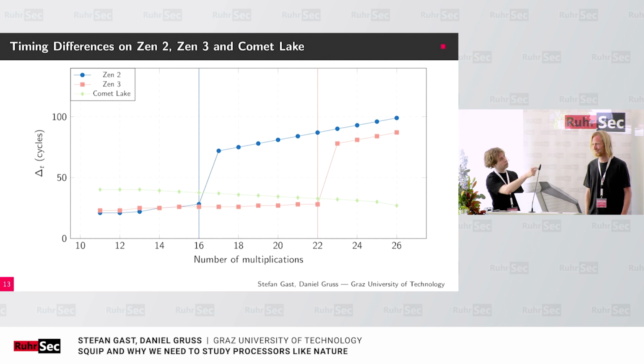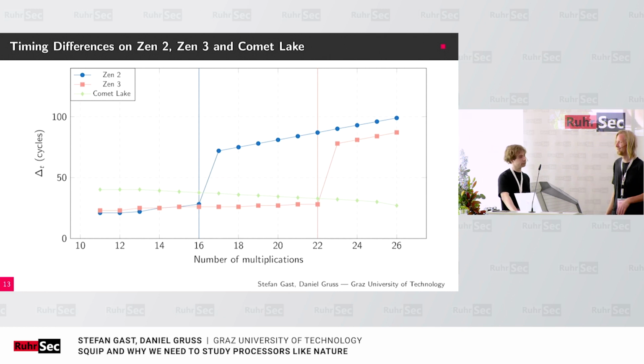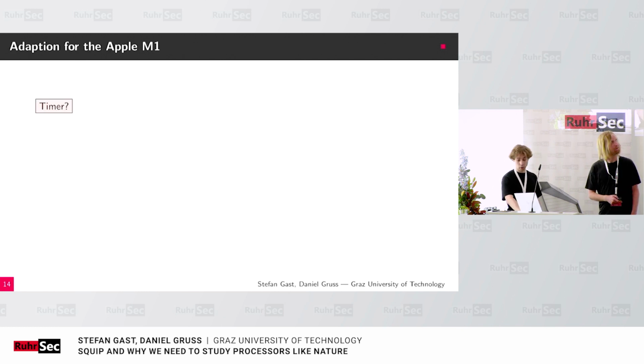If you look at the green line, though, this also has to go up at some point, but at a very later point, because at some point even the big Intel scheduler is filled up. We also looked at this on the Apple M1 processor, which is also an alternative design, and interestingly, it has a similar design choice as the AMD CPUs with split scheduler queues.